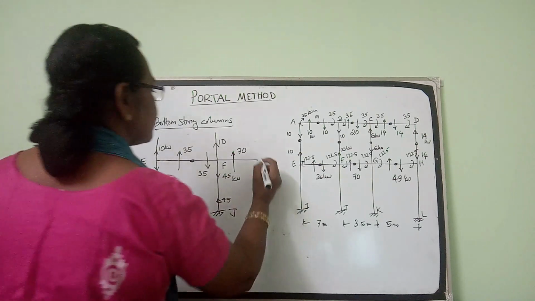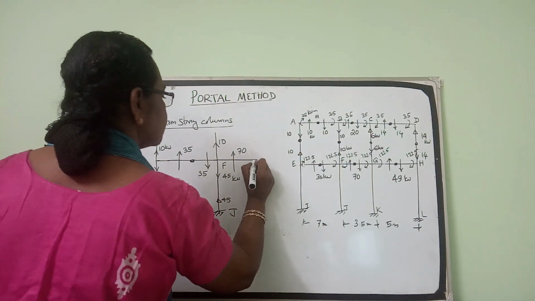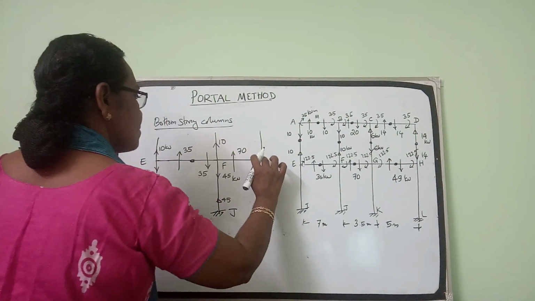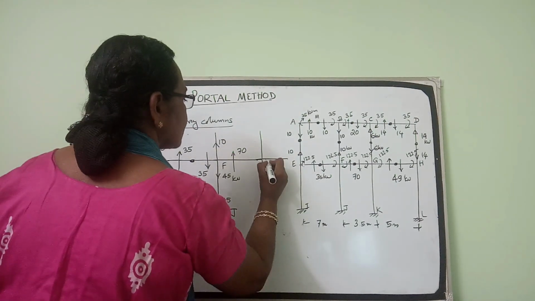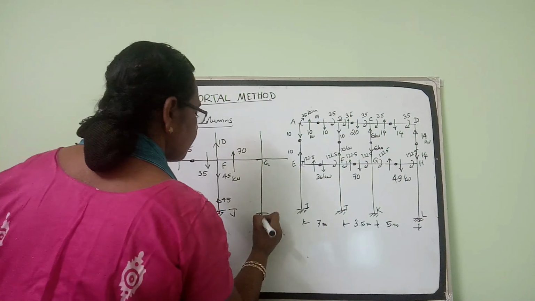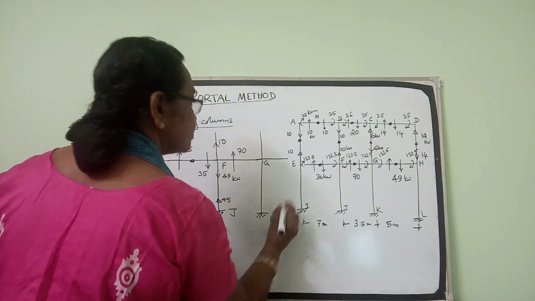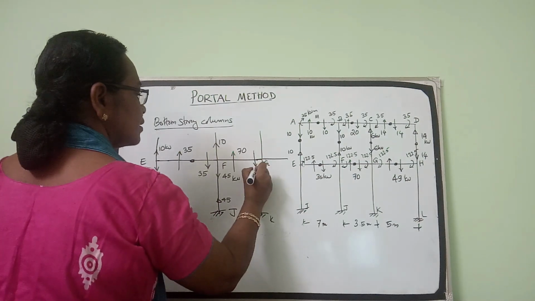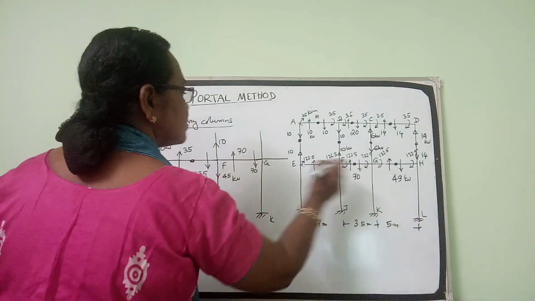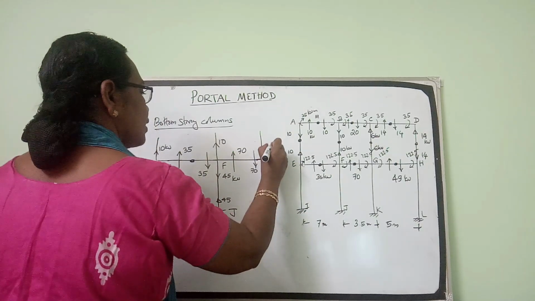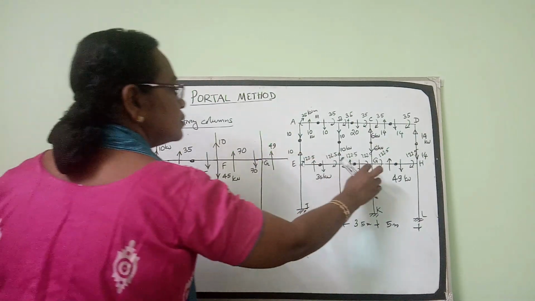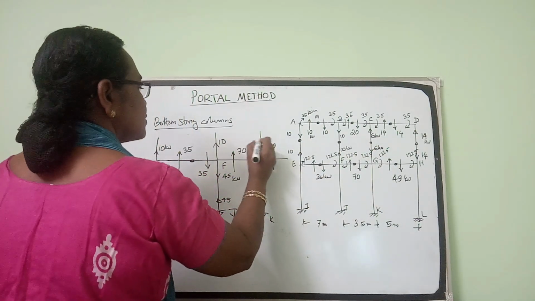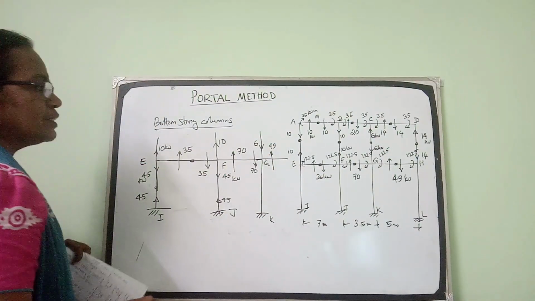Now coming to next joint, G. Come to joint G. At the joint G, there is 70 downwards here. On this side, 49 upwards. In the column, 6 downwards.